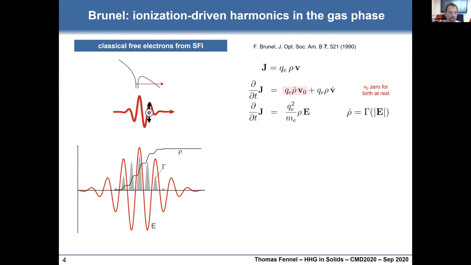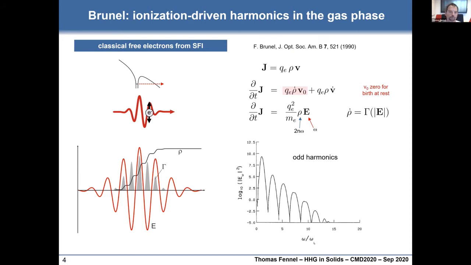And these steps occur at each half cycle. So therefore, in the Fourier decomposition, you expect even multiples of the laser frequency here in this term, and just another omega in the electric field, which then leads to the expectation of odd harmonics. This picture is just taken from the old Brunel paper.